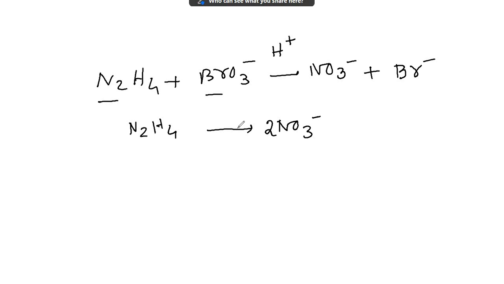Now there are 6 oxygen but no oxygen on the other side. To balance the 6 oxygen, 2 into 3 is 6, add 12H plus on the side where there is no oxygen. On that side where you have added H plus, half of that should be water on the other side, so it will be 6H2O.